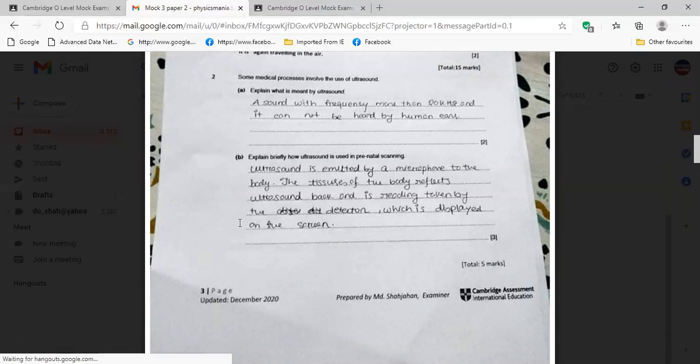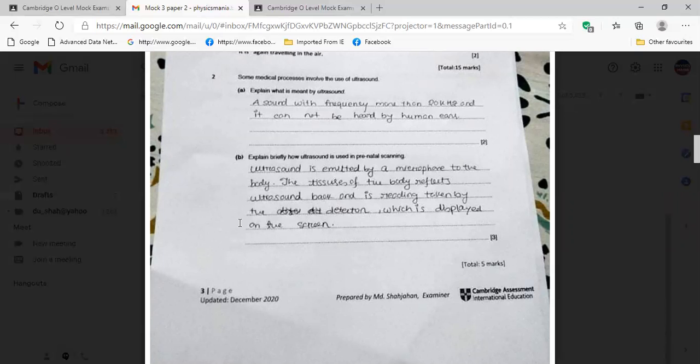Is it a microphone or other devices? Sir, it's like a sound emitter kind of device. Yeah, it's not a microphone. It's other things, right? It's a sensor type device, right? So ultrasound is emitted by a device to the body.